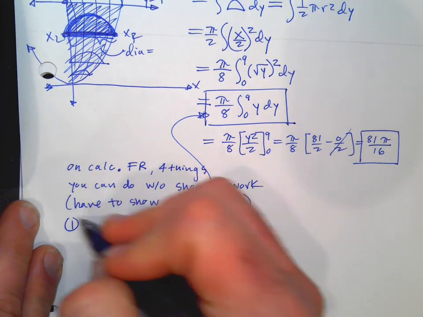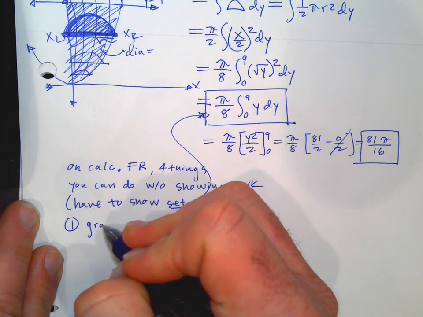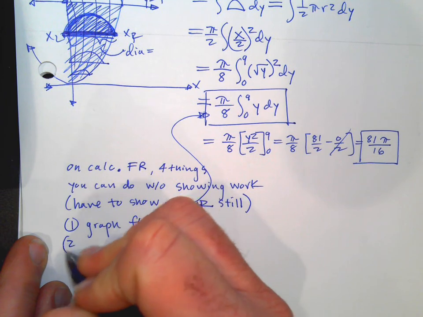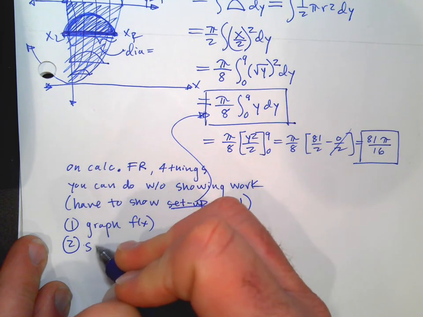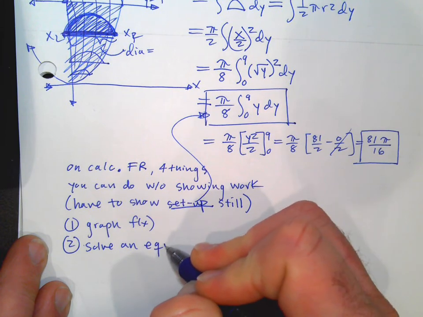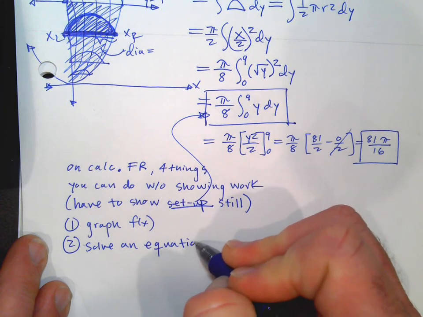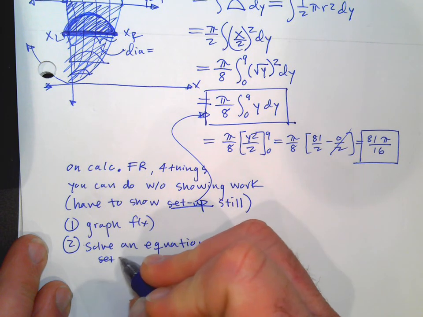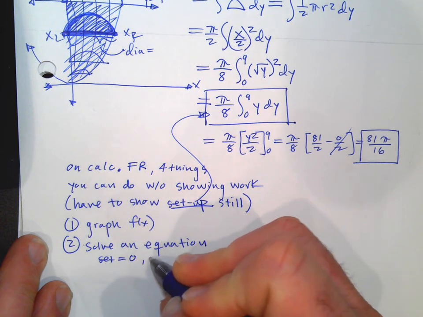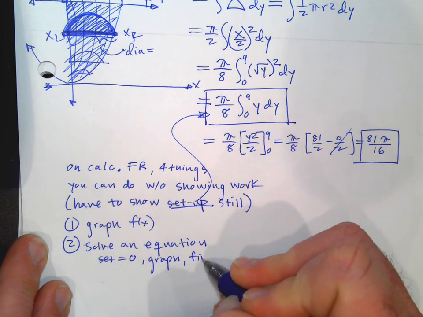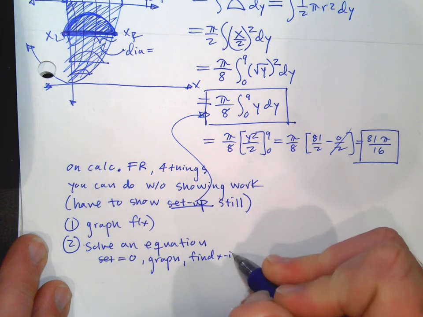Here are the major skills that you need to be able to do on your graphing calculator. You need to be able to graph a function. You need to be able to solve an equation. Now, the best way to solve an equation is to set it equal to 0, graph it, and find the x-intercepts, which they also call zeros on your calculator.